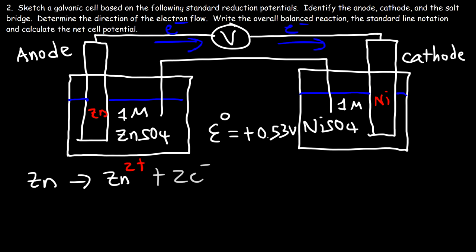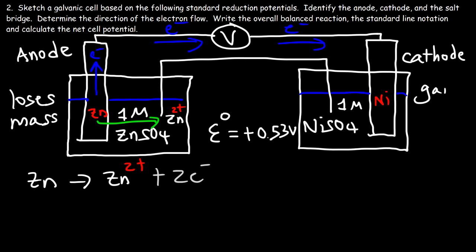So as the zinc atoms give up their electrons, this zinc atom is going to go into the solution as zinc 2 plus. So I'm just going to draw zinc 2 plus here and put an arrow. So notice that the anode is losing mass, and the cathode gains mass.